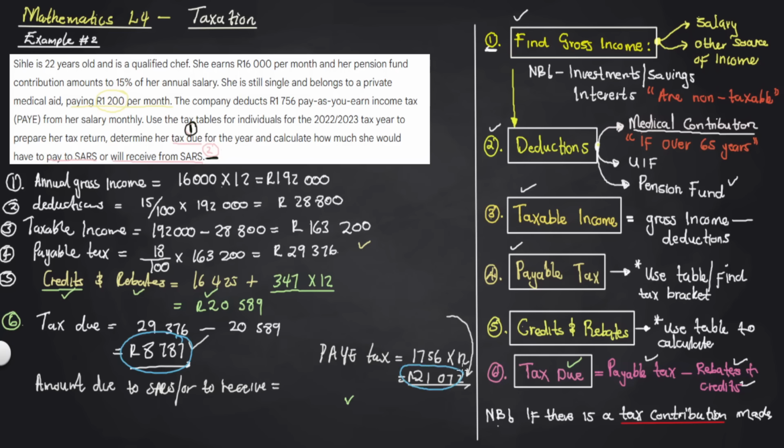Sihle paid this amount of money, so it means that she overpaid SARS through the PAYE company tax system. So it's 21,072 minus 8,787. So she doesn't owe SARS, but SARS will pay Sihle how much?